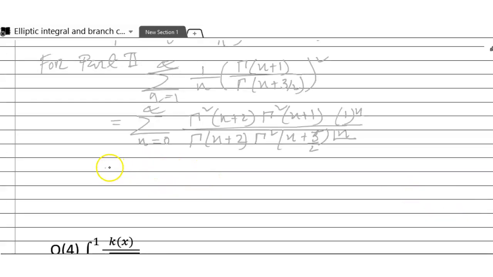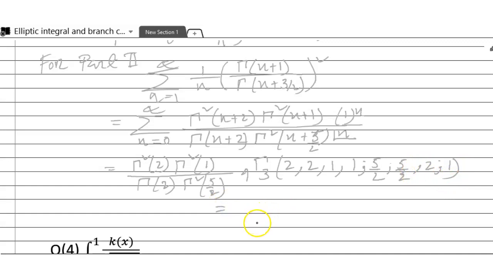And it can be written this way: gamma square 2, gamma square 1, into gamma square 2, into gamma square 5 by 2, 4F3 of 3 by 2, 1, 1, 5 by 2, 5 by 2, comma 2, comma 1.